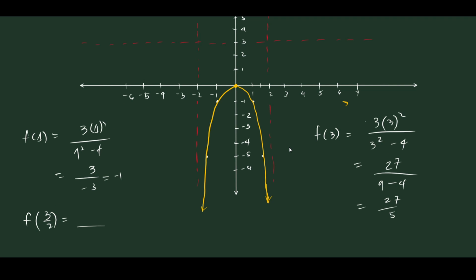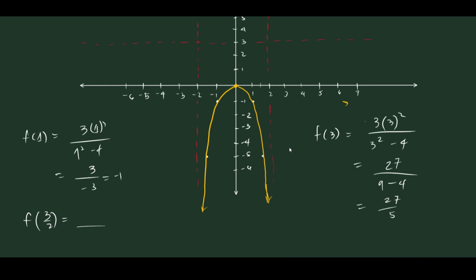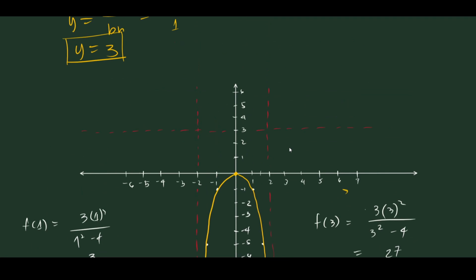If we plot that out, 27 divided by 5 would be around 5 something, right? So we have a point right here. And you also know that you have a point on the opposite side because it's symmetric with respect to the y-axis.